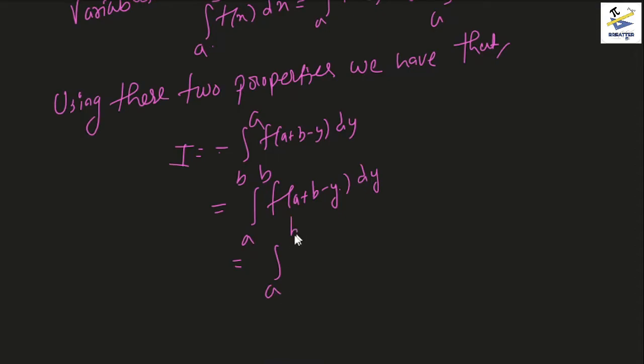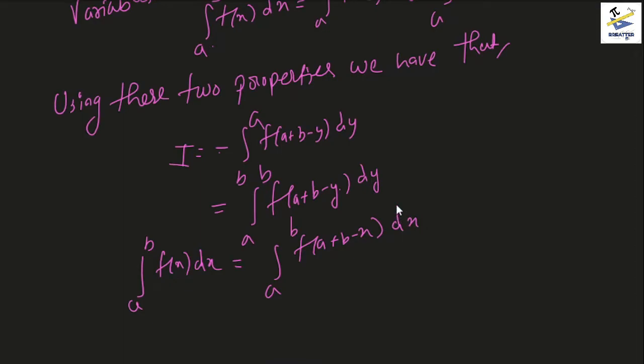So you can write it as f of a plus b minus x dx. And since I was already given as a to b f of x dx, right? So yeah, this is one of the properties, and this property would be used extensively in a lot of problems when we will be solving problems.